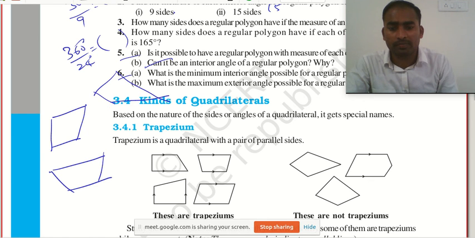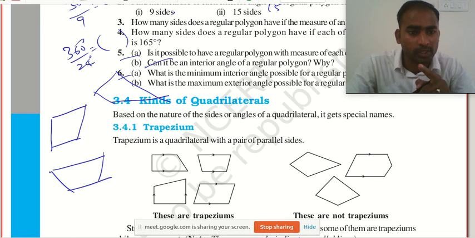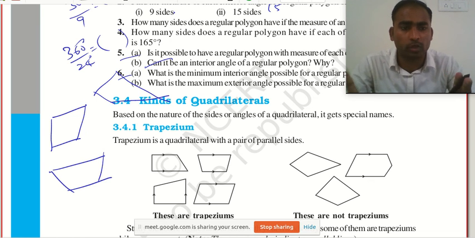But here we have one category from the quadrilateral. It is a trapezium. Trapezium is nothing but it has to have 2 parallel sides. Any 2 parallel sides. If it has any 2 parallel sides, that is known as a trapezium.